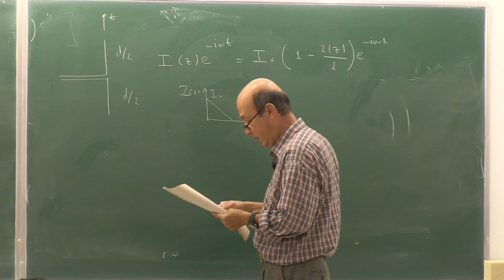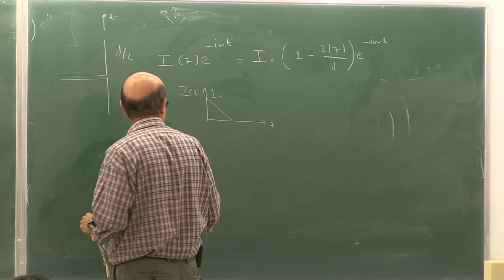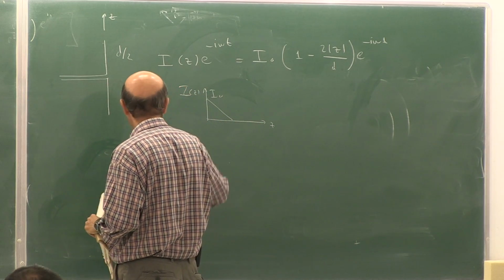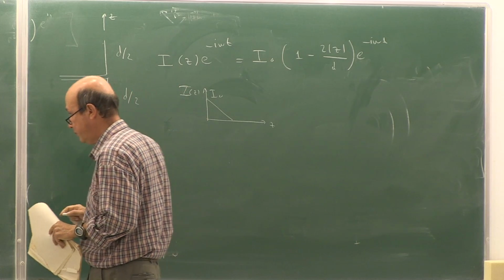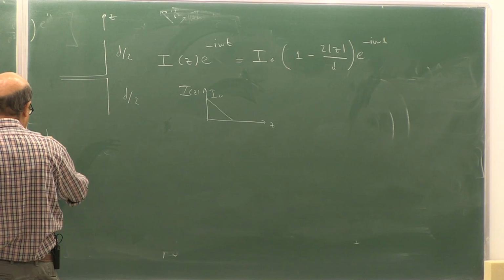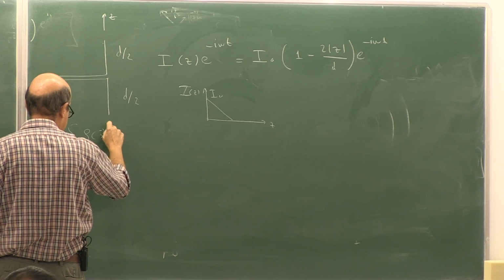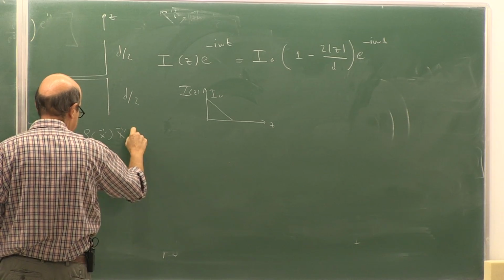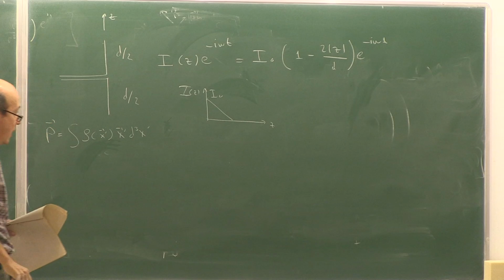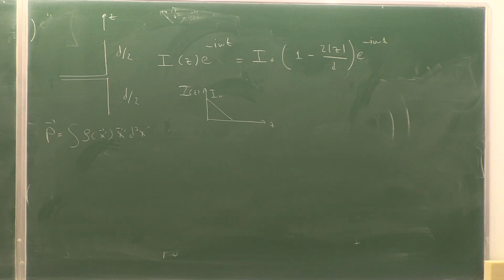So how can we calculate the electric dipole moment? The electric dipole moment is the integral of x prime times the charge density, d cubed x prime. In our case, x prime is along the z prime axis, and we have to calculate the charge density.